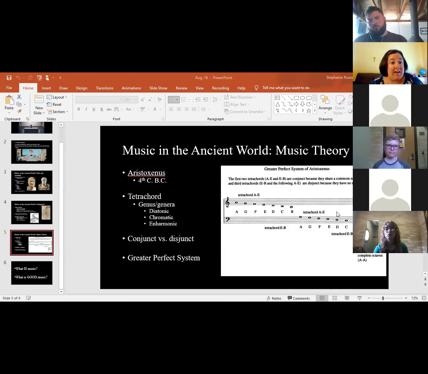So if I'm using an enharmonic tetrachord, these inner notes are going to be different than if I were using a diatonic tetrachord. Does everyone understand what I mean by that? How these open notes are fixed, but the inner notes can vary depending on which tetrachord we use.